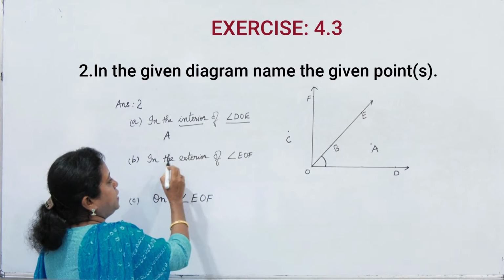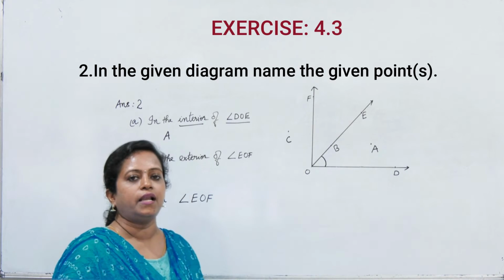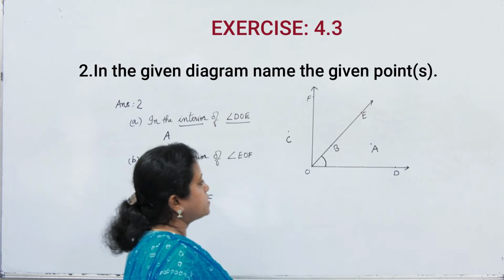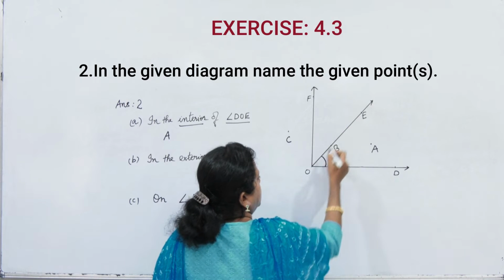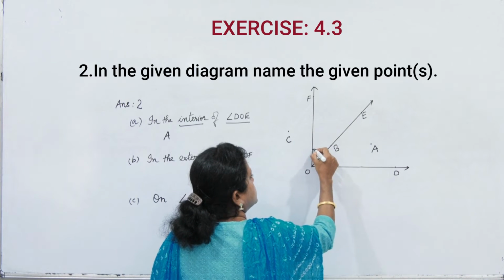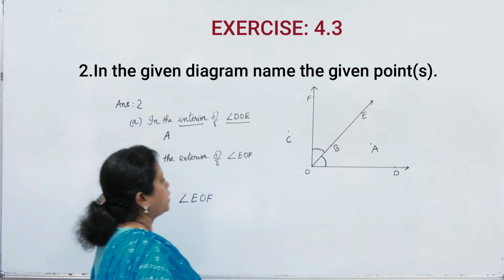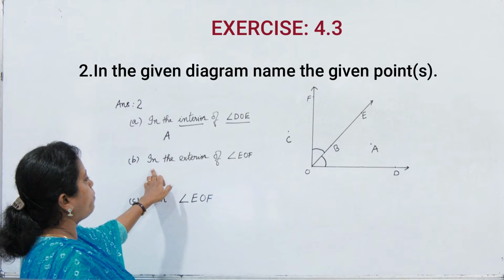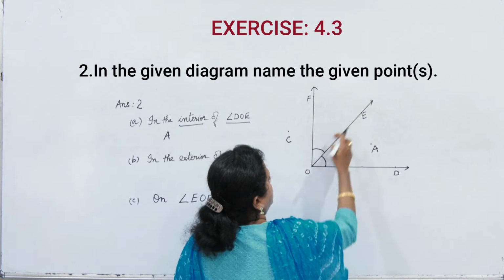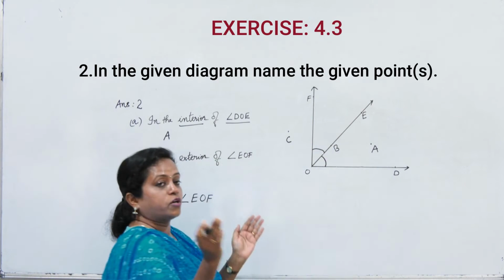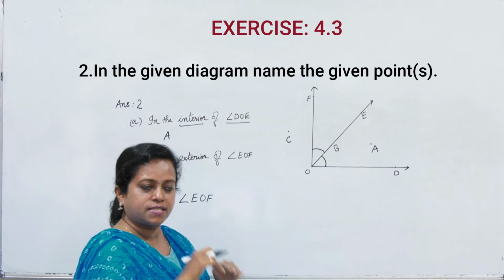Second part is in the exterior of angle EOF. Now let us locate EOF. Angle EOF in the figure. So this is the angle that we are talking about. So you have to name the point or the points which are in the exterior of angle EOF. That is, they are not lying in the region that is inside.